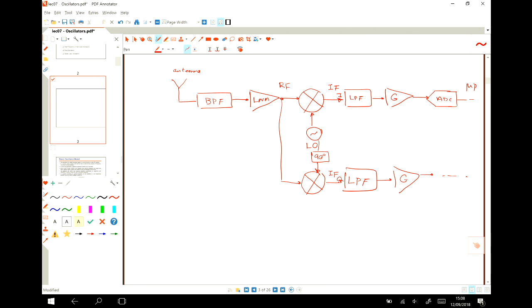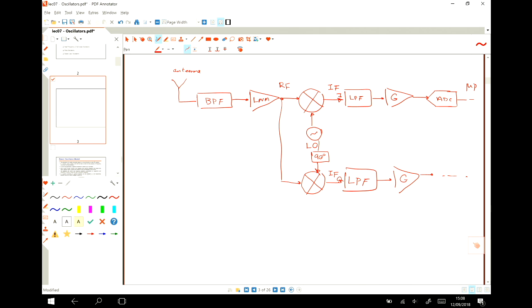Instead of having only one of them, why is having two more convenient for us? Because with one of these you can also find the IF signal, and then based on the IF signal you can detect what the signal is. Why do we use I and Q usually?